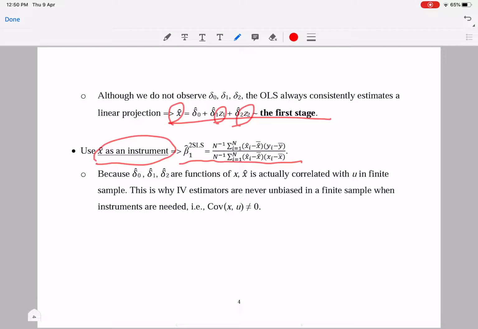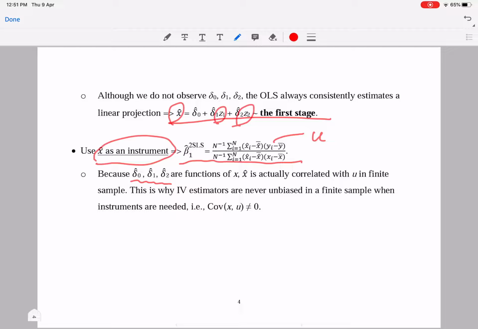Again, the two-stage least square estimator is consistent but always biased in finite samples. It's also very clear to see why, because y is a function of u, so there is u in y. And x hat is a function of z and this delta hat. But delta hat is a function of x, so u and delta hat are actually correlated in finite samples.